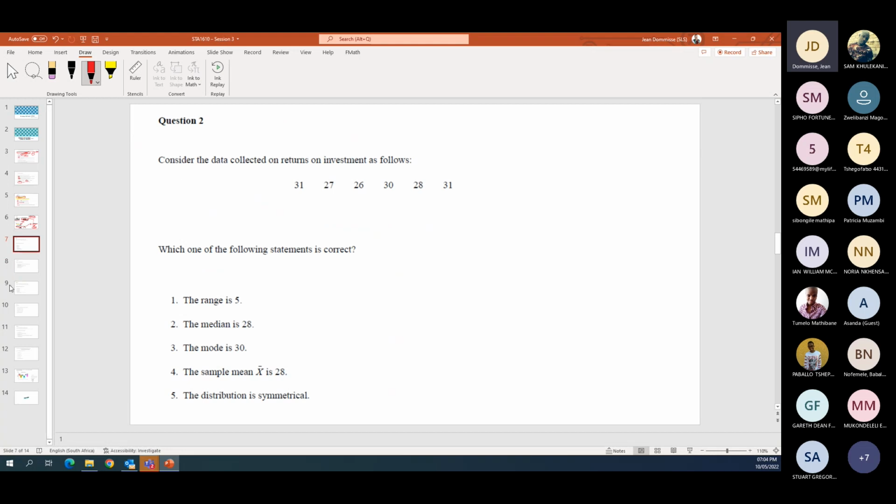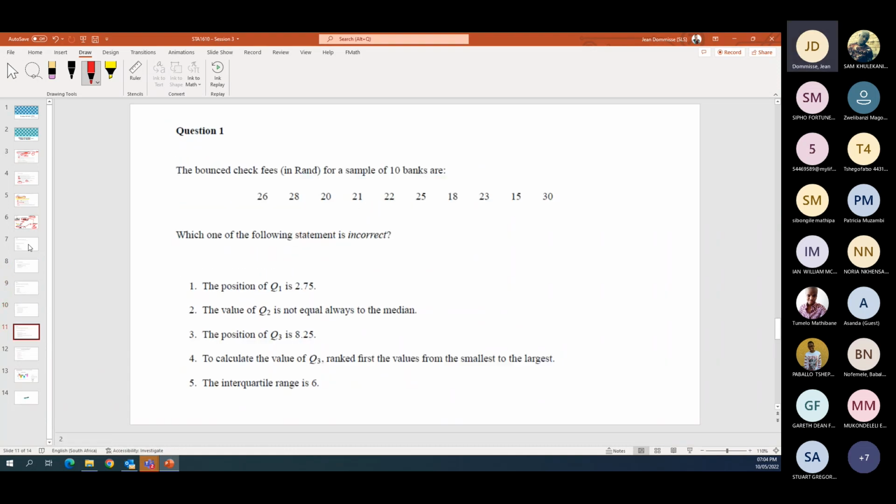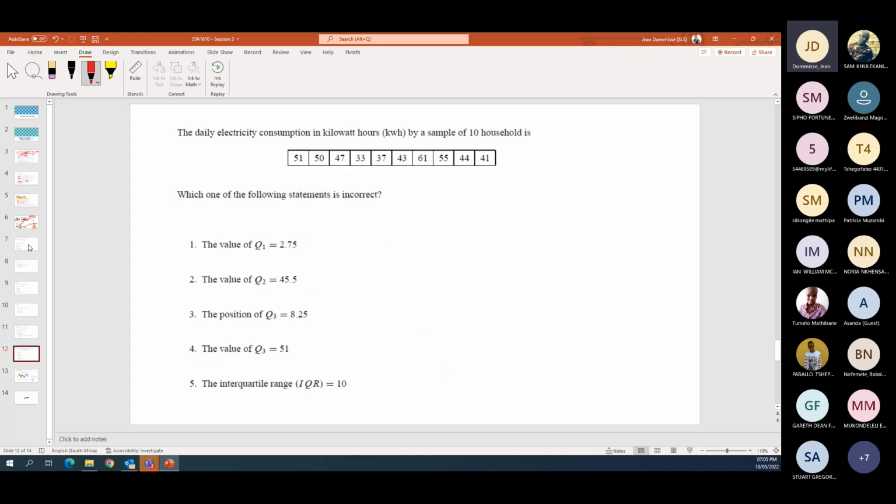We'll finish study unit 3, because again it is around the median, the mode, ordered data, and then the Q1, so how to work out Q1, Q3, and your interquartile ranges, because it can be that there's a question around that.